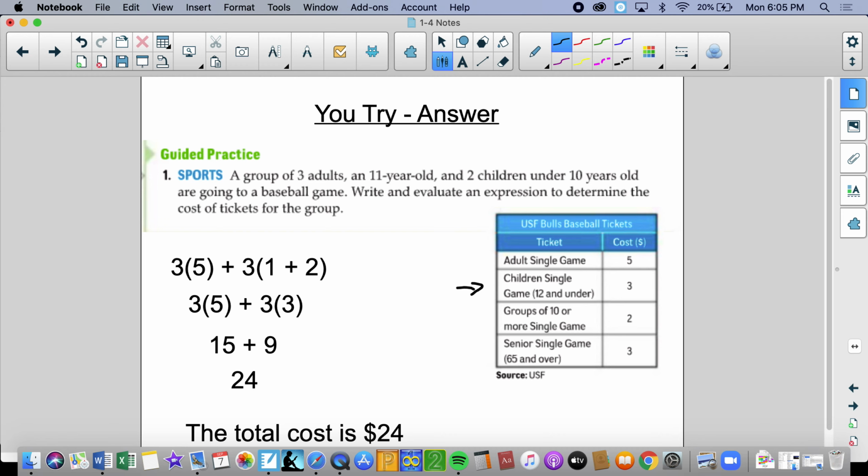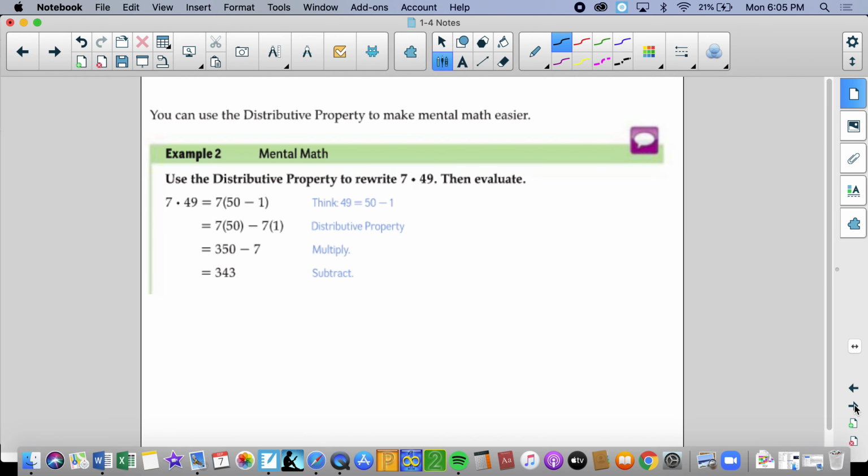Personally, I would add 1 plus 2. Maybe they want you to use the distributive property and you could distribute the 3 to the 1 and the 3 to the 2, but I'm going to simplify because those are like terms, and I would get 24. In this case, we're probably going to do this method because that's the most efficient.